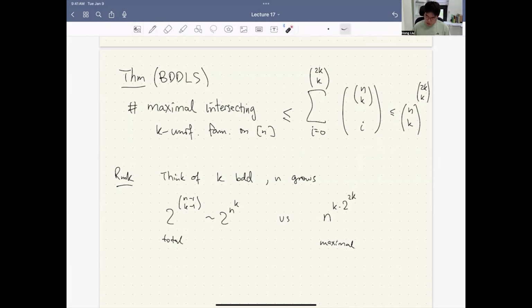So you have something exponential in n versus something that's polynomial in n, where if k is a constant, this is polynomial.